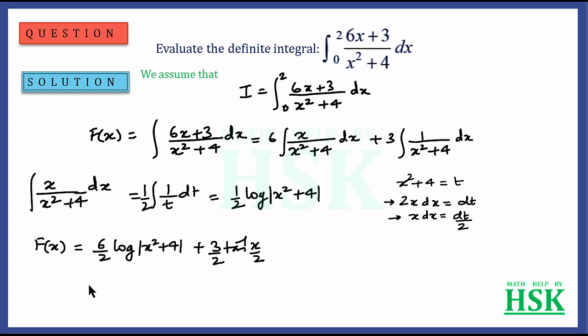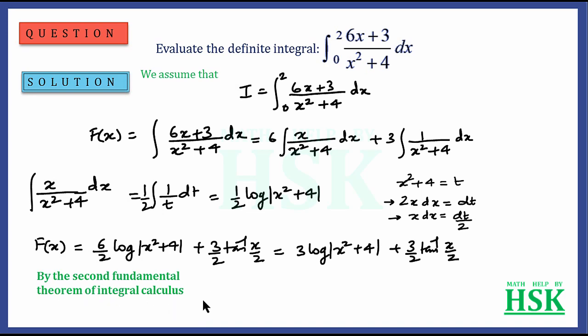I can write this value of f(x) as equal to 6 as it is, and 1 by 2 times log of x square plus 4, to obtain 6 upon 2 log of x square plus 4. And for this term, the integration of 1 upon (x square plus 4) dx, I'm going to write this as equal to 1 by 2 tan inverse of x upon 2. So this gives me 3 by 2, because 3 was multiplying with the integral. So this is the value of f(x), and it can be simplified and written as equal to 3 times log of x square plus 4 plus 3 by 2 times tan inverse of x upon 2.